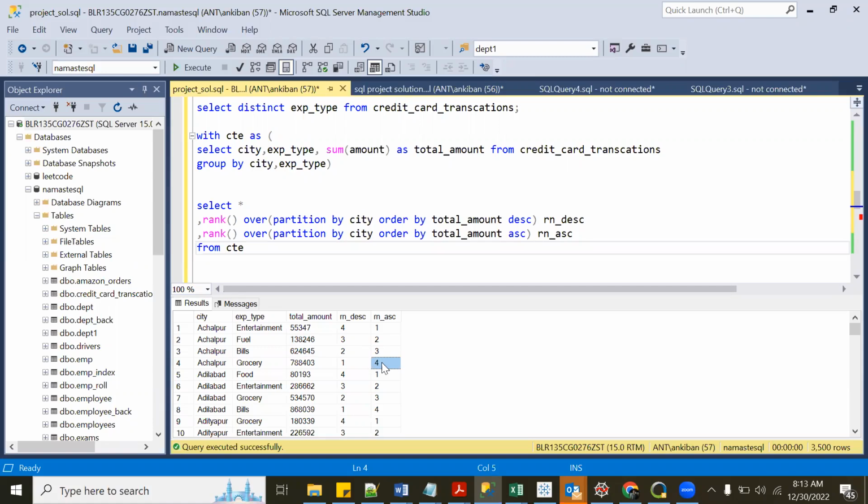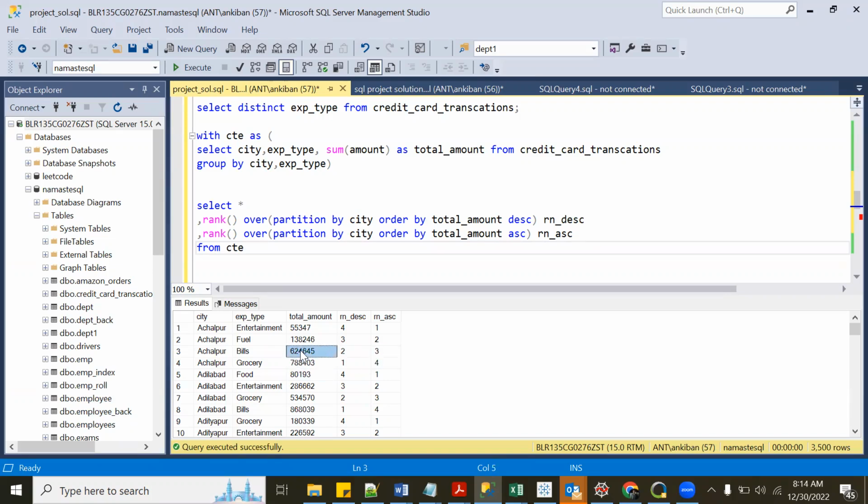So in case of rank, let's say these two are the same, bills and grocery, then we will get 1, 2, 3, and 3, isn't it? Yes, yes. So that will be a problem. If it is the same, what should we do? Again, the question goes to the interviewer: you have to ask that if these two amounts are the same, what do you want me to consider in the answer?